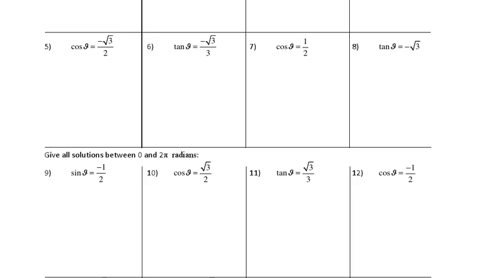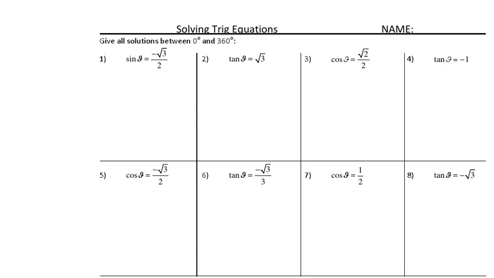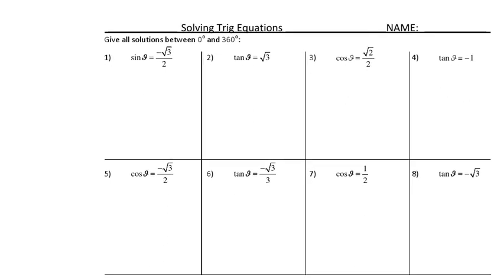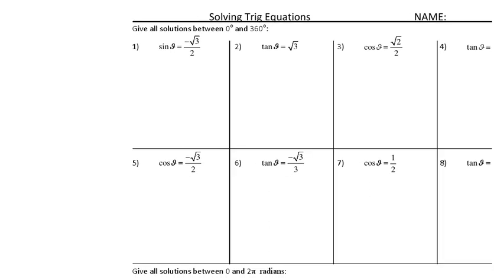Let's start off with some problems in degrees. We're going to give all solutions between 0 degrees and 360 degrees. And you're going to need to have that chart. We're just going to focus on sine, cosine, and tangent today.